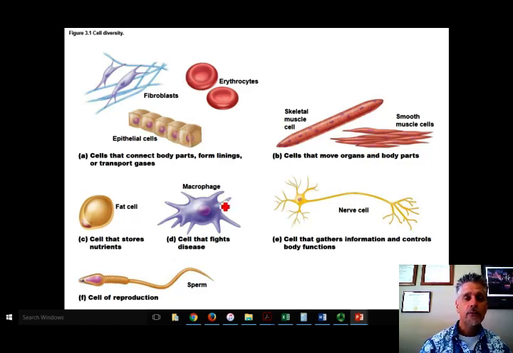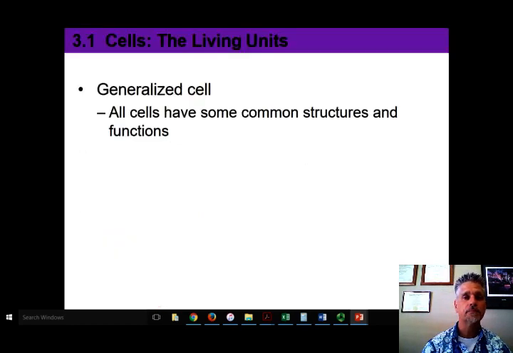We have different types of connective tissue cells. So you see fibroblasts here and erythrocytes. These are both connective tissues. Fat cells are also connective tissues. But notice the diversity of shape, we also have a diversity of functions as well: forming linings, transporting gases, storing nutrients, fighting disease, reproducing to make new individuals. You see that cohesiveness of structure and function.